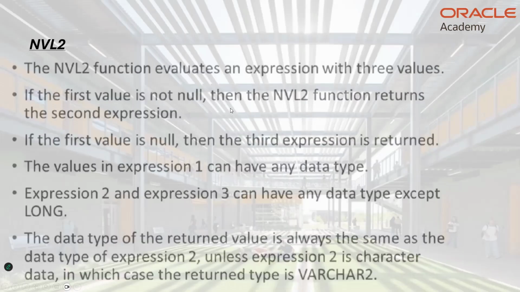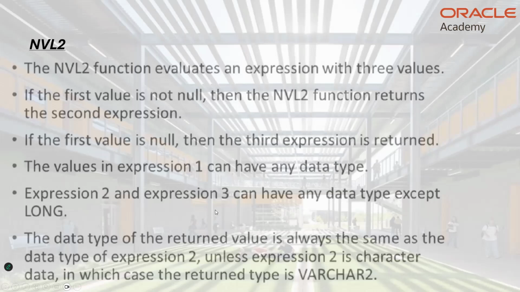All right, that's NVL. We're going to go into NVL2. This function evaluates an expression with 3 values. If the first value is not null, then the NVL2 function returns the second expression. If the first value is null, then the third expression is returned. The values in expression 1 can have any data type.